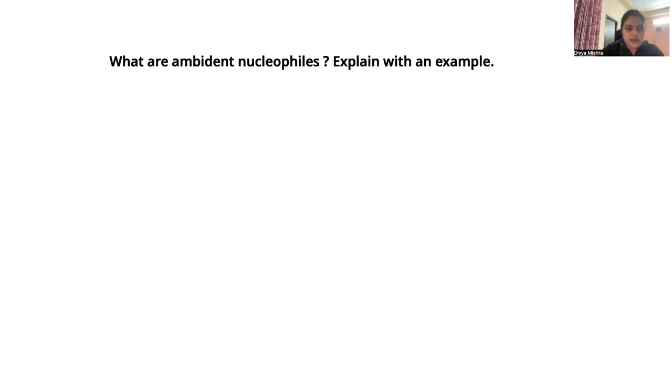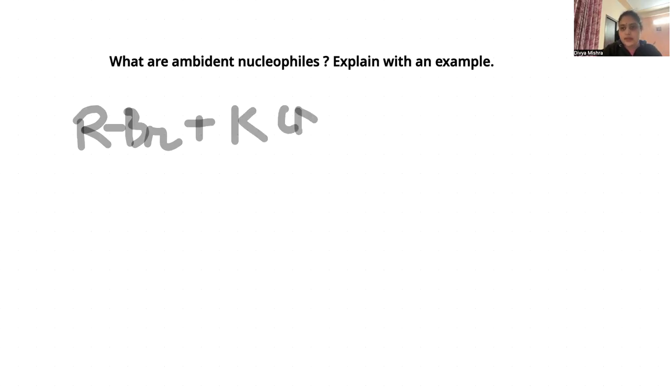So let me take the first reaction in which the carbon atom is the attacking site. Let us take R-Br, a bromoalkane, plus the reactant KCN. Here the cyanide ion, CN negative, has two attacking sites, that is carbon and nitrogen.